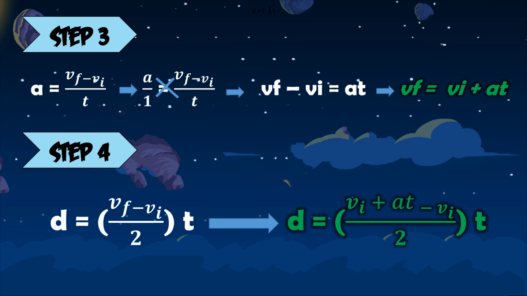Using the formula in step 2, which is displacement is equal to final velocity minus initial velocity all over 2 times time, will give us displacement is equal to initial velocity plus acceleration times time minus initial velocity all over 2 times time.